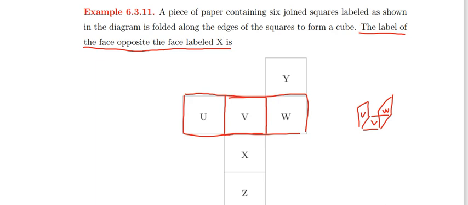So where's X? So X can be only this one, face as X, right? U, V, W. Okay. So let's say again. So here this is V, this is U, and this one is W. W go to here, and X. So X go to here.